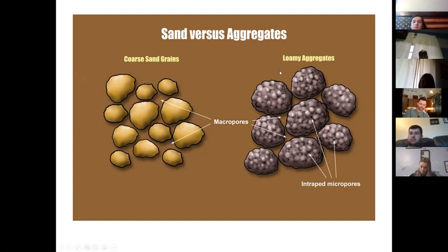Now, if we have aggregations, in this case we've got loamy aggregates. You guys know from yesterday that a loamy aggregate is a certain mixture of sand, silt, and clay, right? In this case, they've kind of coagulated into a ped, okay? And so again, we can have water that lives in these void spaces right here, the big macropores.